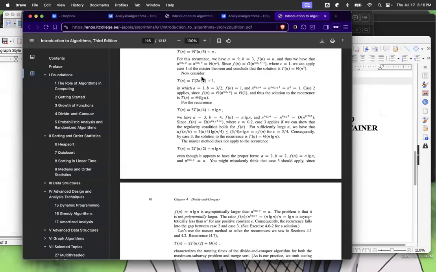Now we know that for any base, the log of 1 would be 0. Raise any number to the power of 0, and you're going to get a 1. So that's how to get n^0.